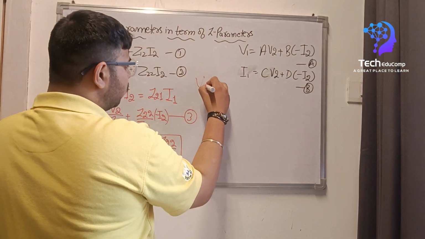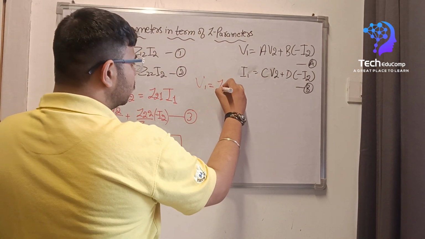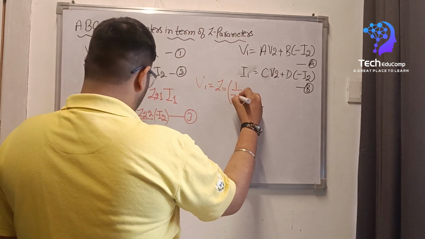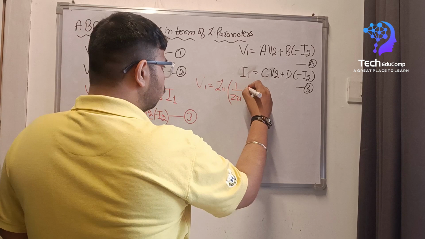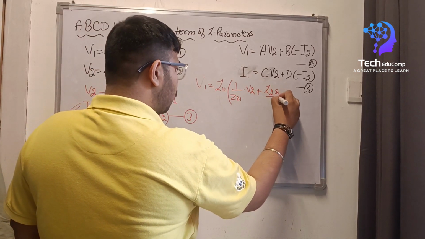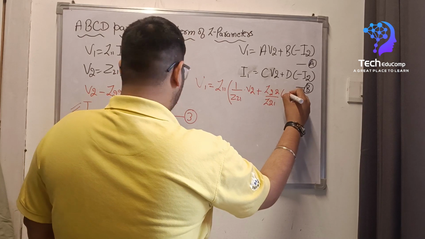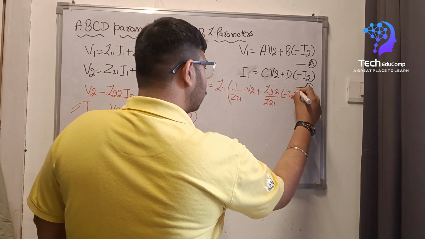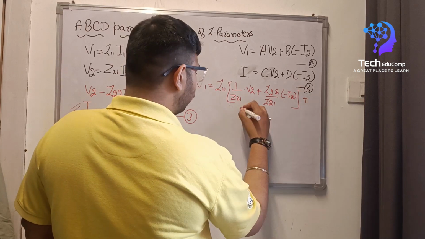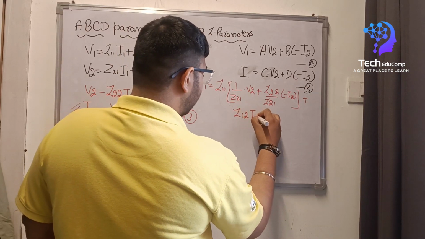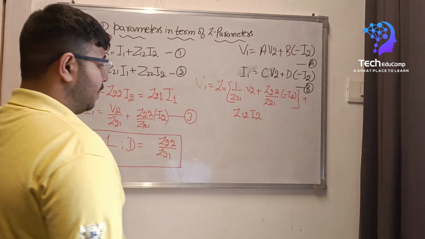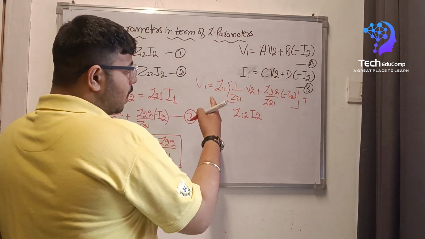Then V1 will be equal to Z11 into 1 by Z21 into V2 plus Z22 upon Z21 into minus of I2, plus Z12 into I2.